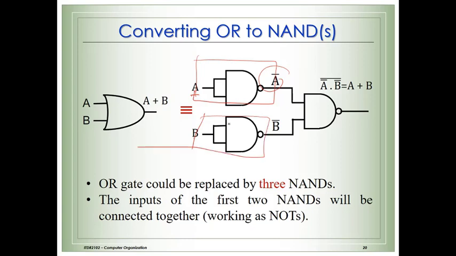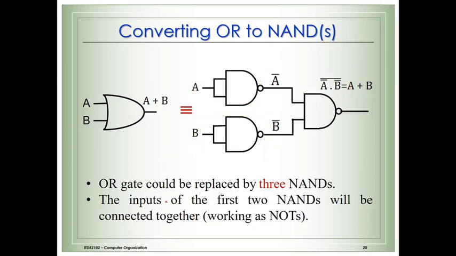If you pass B with both inputs connected together, you will get NOT B. Then if you pass NOT A and NOT B to another NAND gate, you will have (NOT A and NOT B) whole NOT. This is equivalent to A OR B, because you can apply De Morgan's theorem here. You will get A double NOT or B double NOT, so this will be reduced to A and this will be reduced to B.